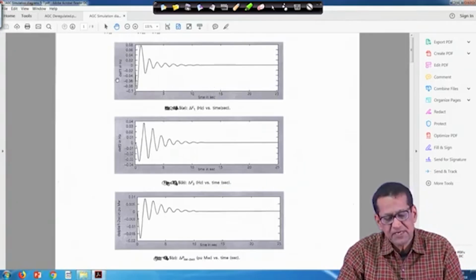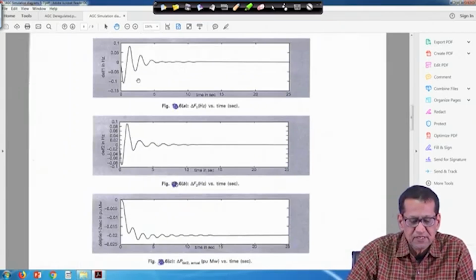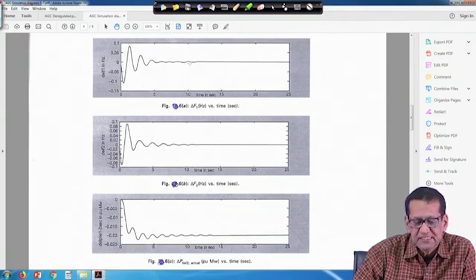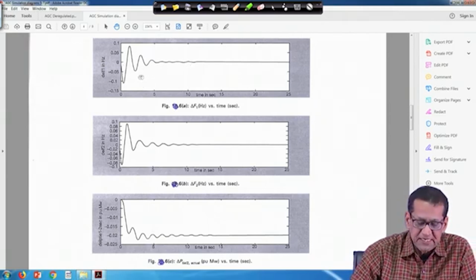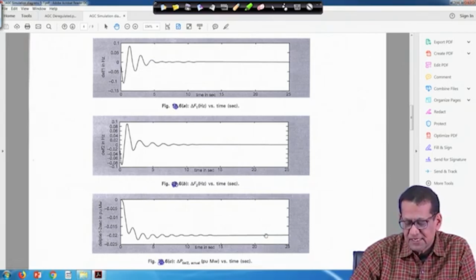So, this is figure 5, but for case 2 it is figure 6. The frequency deviation at steady state is going to 0 in area 1, similarly in area 2 also it is going to 0, right. And delta P tie actual is showing minus 0.02.